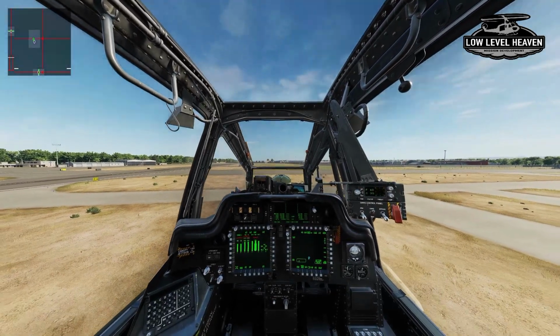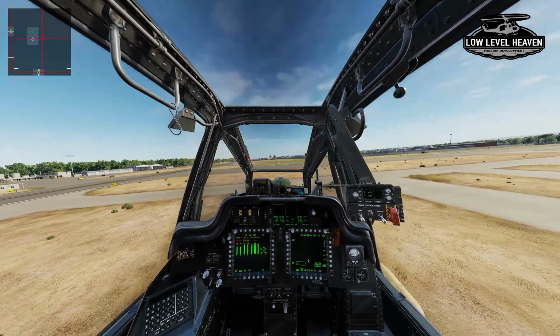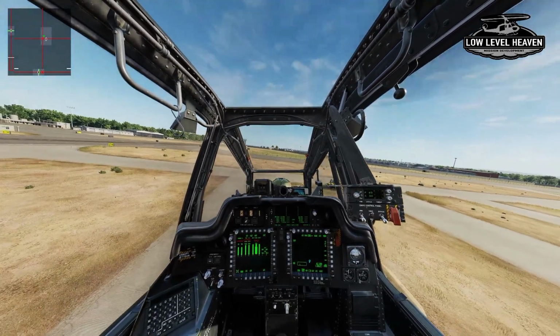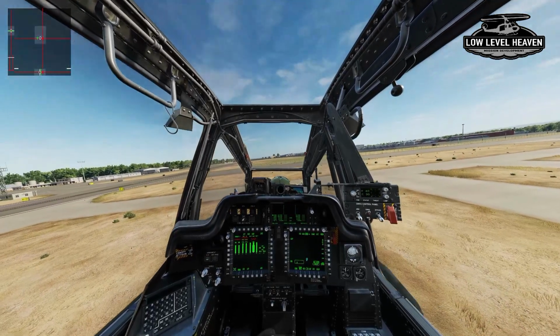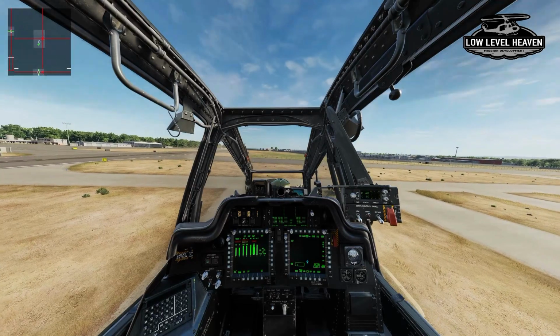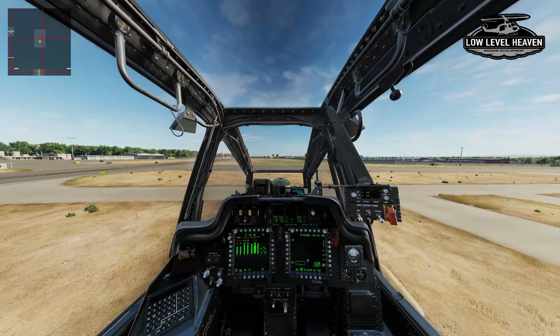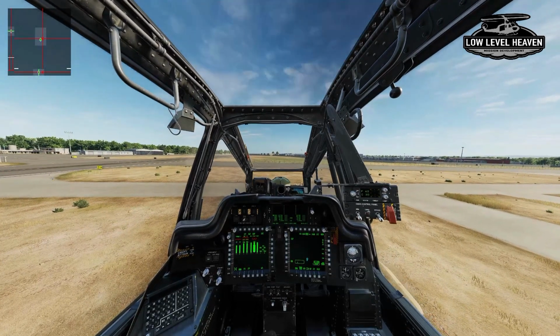But that's pretty stressful. It needs a lot of power. It doesn't look right, and it doesn't feel right. If the helicopter starts moving and you do not like it, just stop touching your cyclic and stop moving your cyclic, and the helicopter will get back into a stable hover by itself.